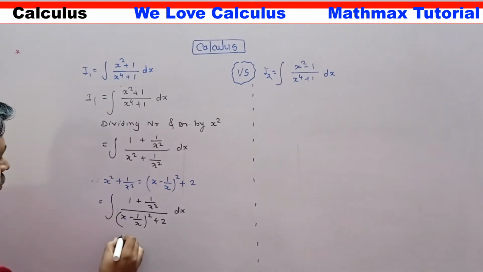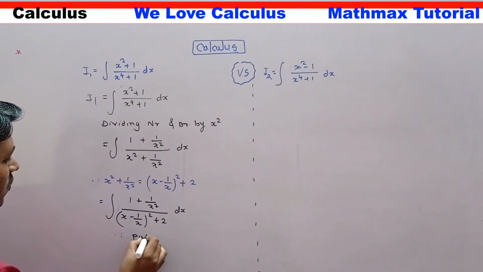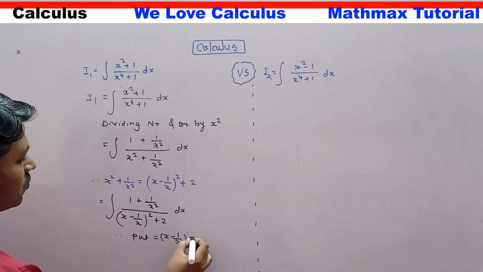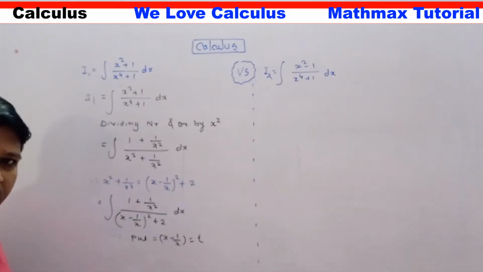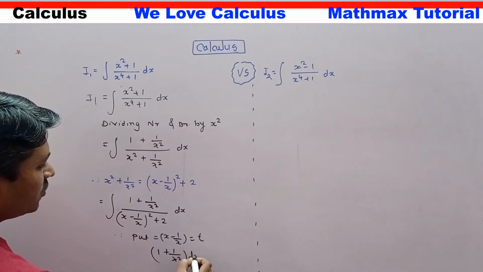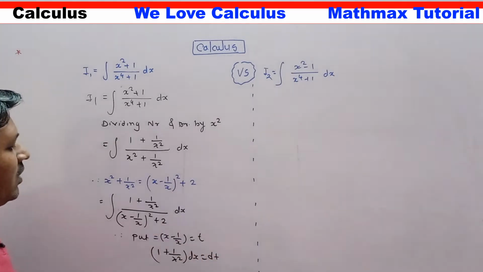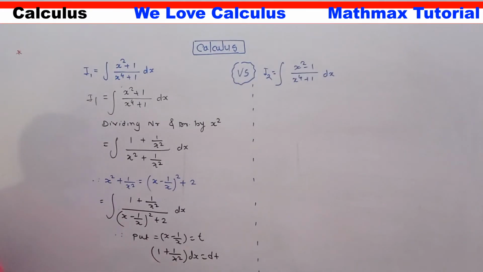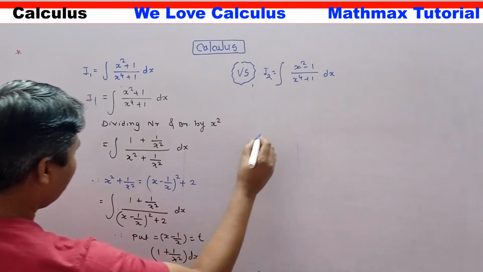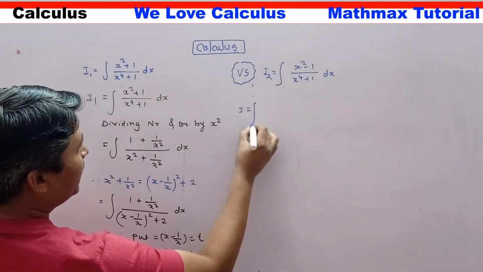Therefore we put x minus 1 by x equal to t, and differentiating, we get (1 plus 1 upon x square) dx equal to dt.